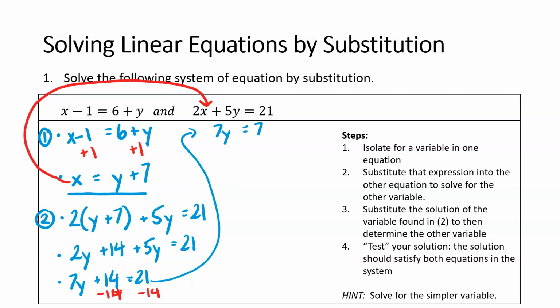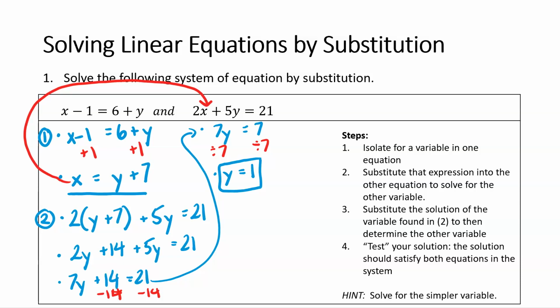And then finally, divide both sides by 7 to isolate for the y. And you'll get y equals 1. Okay, you have y equals some number. You've solved the y part of it.